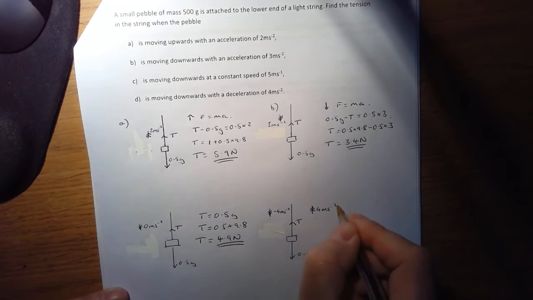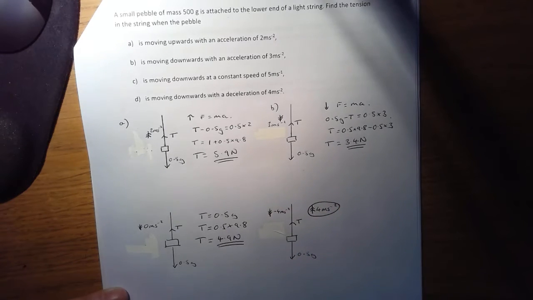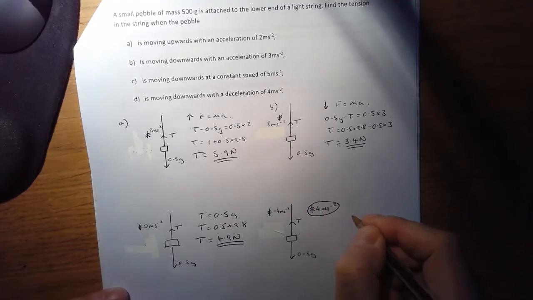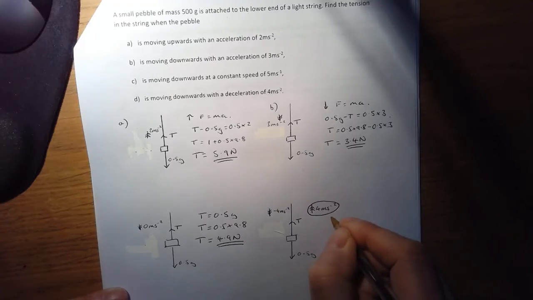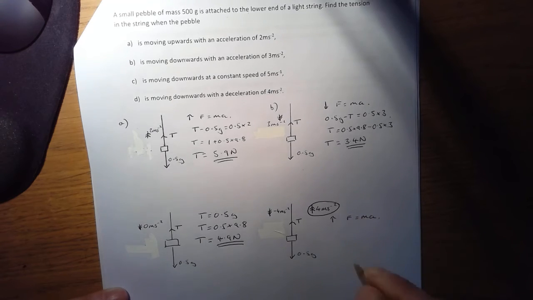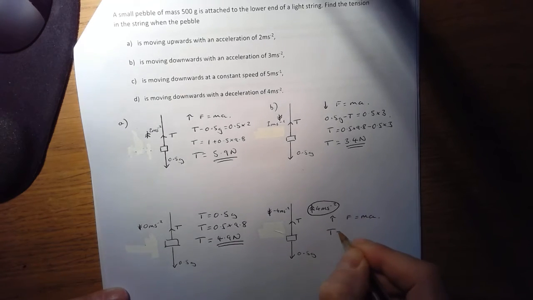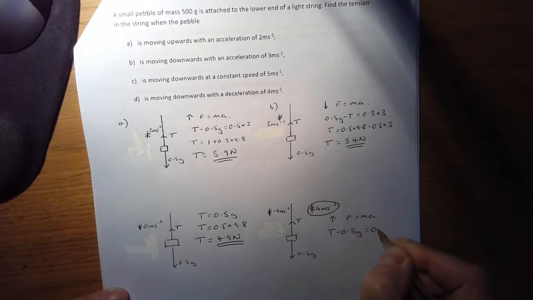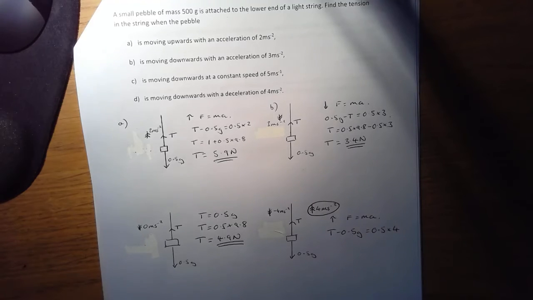So I'm going to take this one here. I'm going to use that because I prefer to use positive values. So I'm going to resolve up. I'm going to do Newton's second law, T minus 0.5 G equals 0.5 times 4.